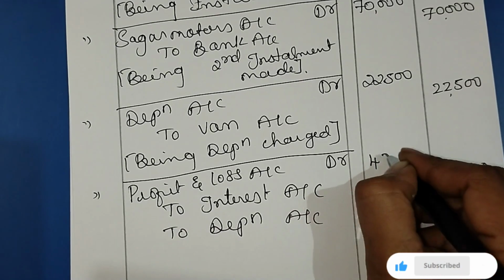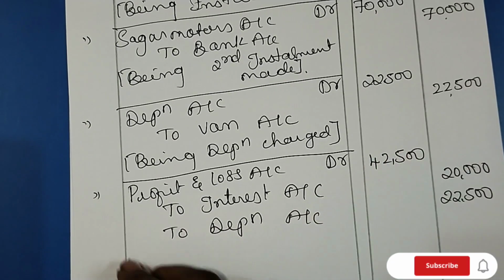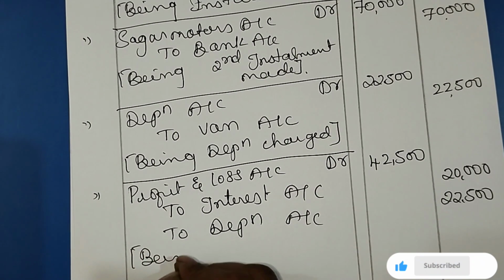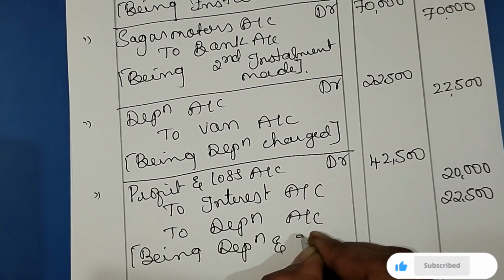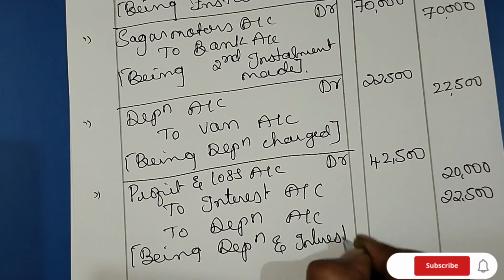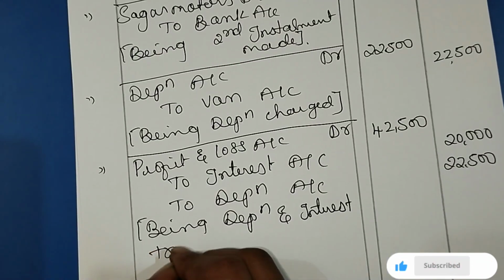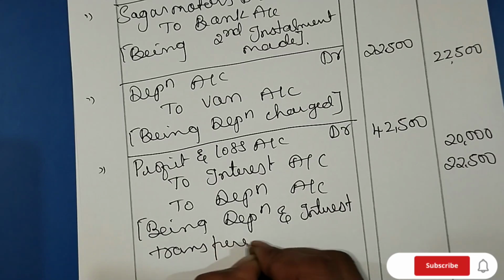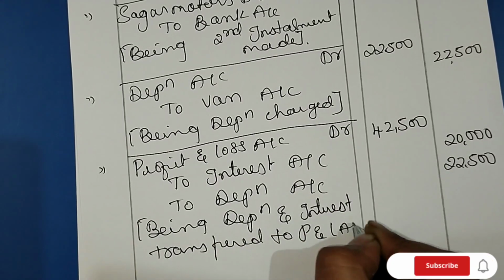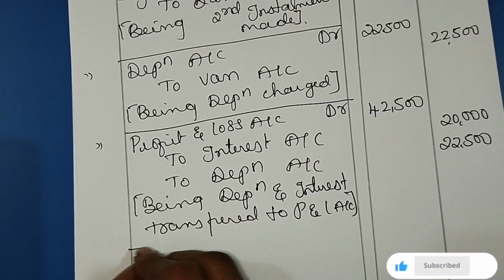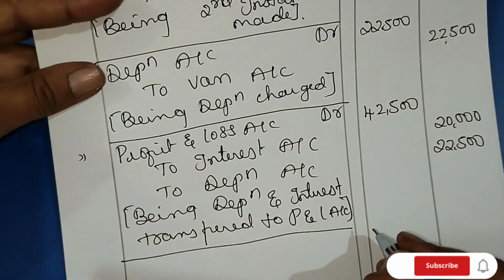That is 42,500, being depreciation and interest transferred to profit and loss account.